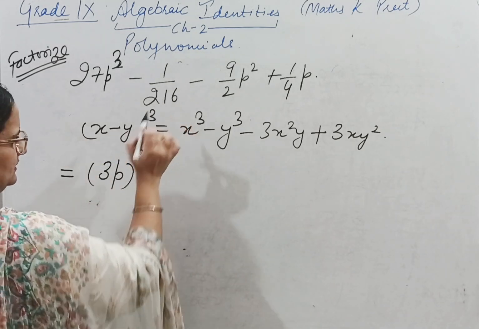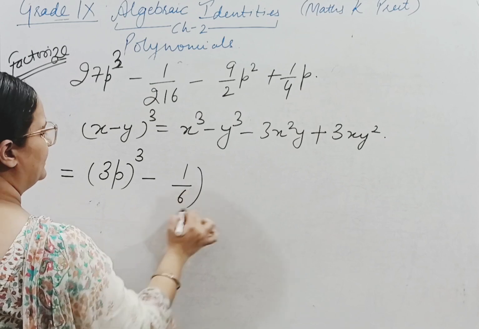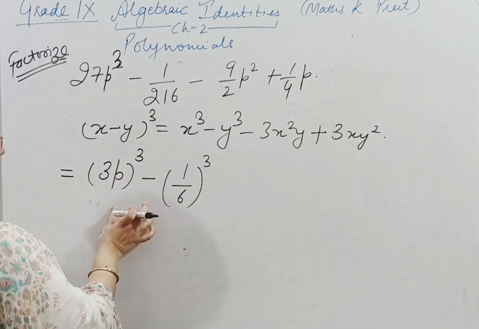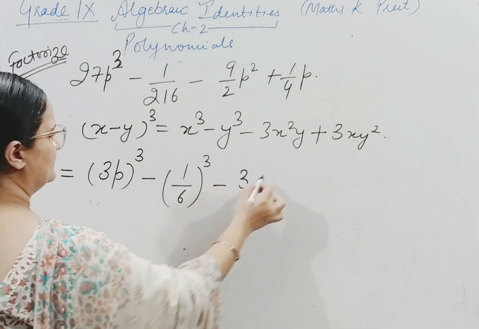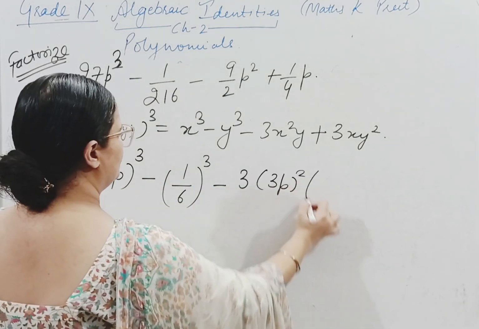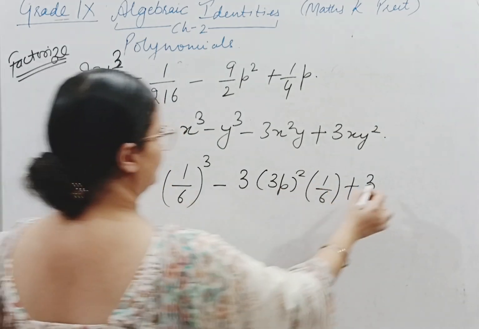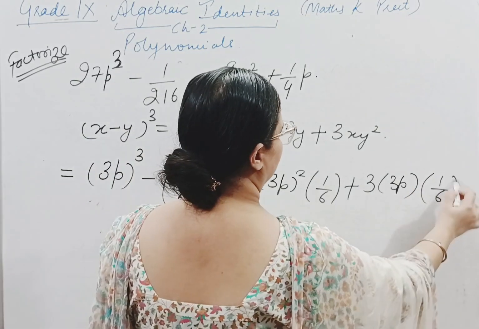This number 216 is whole cube of 6, so I can write this as (1 by 6) whole cube. 1 cube is 1, 6 cube is 216. Now this is my x, this is my y. Just put the value here: minus 3x square y, that is 3p square into this y, plus 3 times this x, 3p, and this y, 1 by 6 whole square.